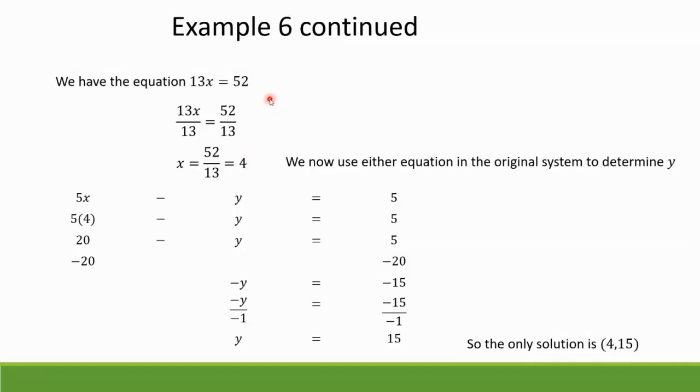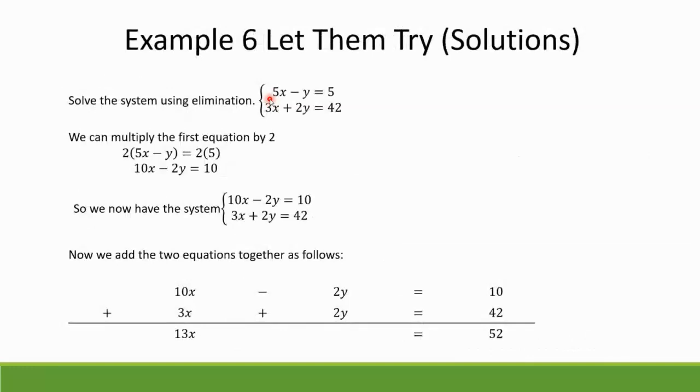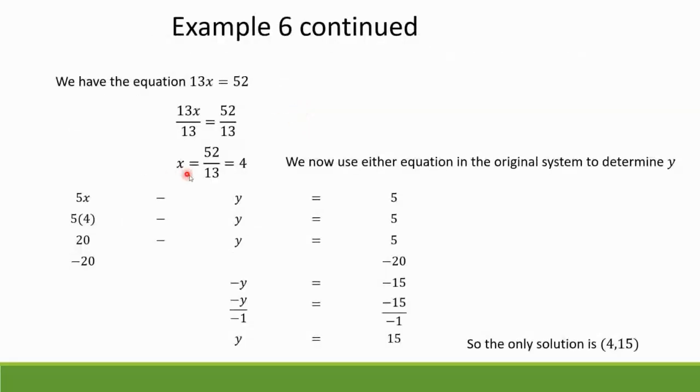Since x is 4, we can figure out what y is. We want to go back to the original equation and plug in x to one of the originals. So I went to the first one, mostly because the coefficient of y is 1. So we get 5x minus y equals 5. X is 4. We get 20 minus y equals 5. So of course you subtract 20 from both sides.